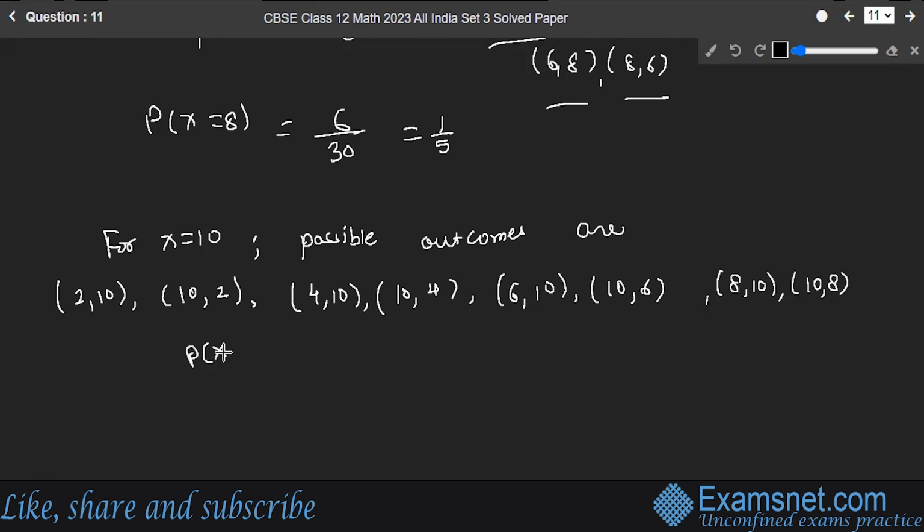So that means the probability x is equal to 10 is 8 on 30, which is 4 by 15.